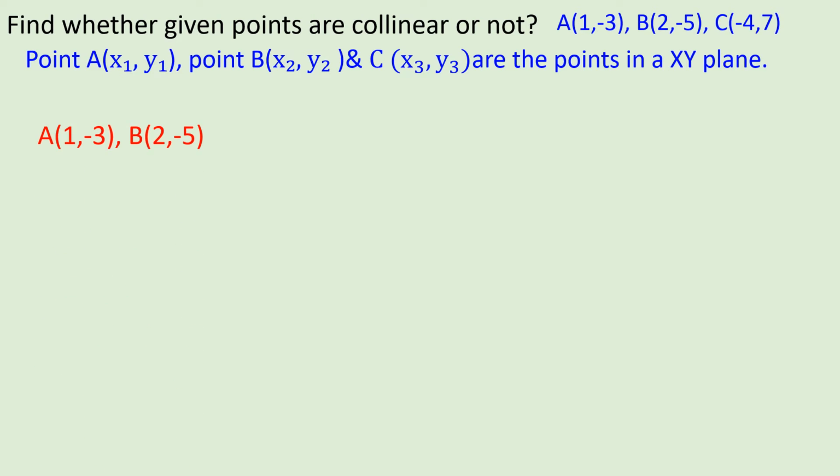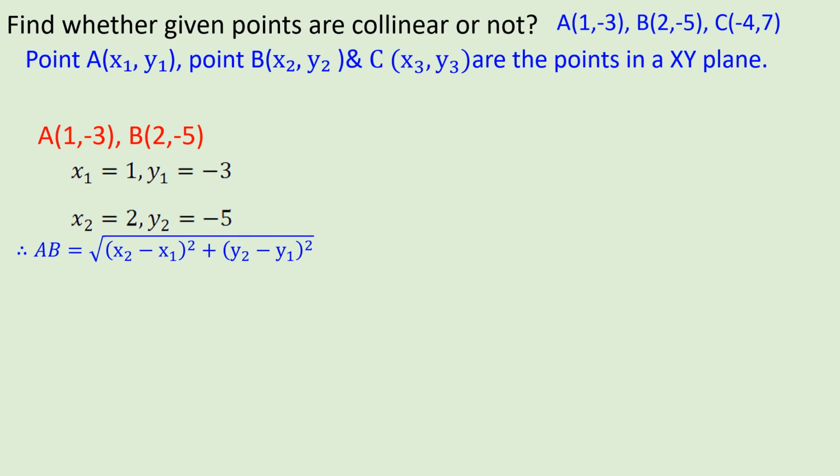So first we will take A and B. We need to find the distance between point A and B. So x1 and y1 belong to point A: the x coordinate of point A is 1 and the y coordinate is -3. In the same way for B, x2 is 2 and the y2 coordinate of B is -5.